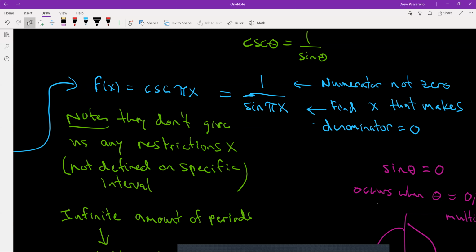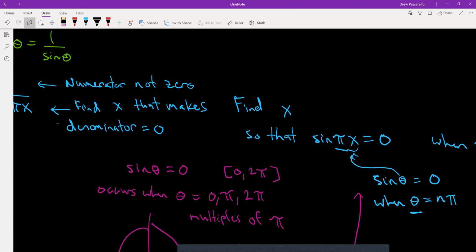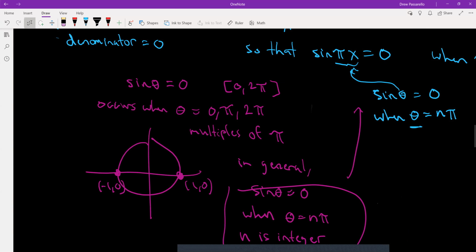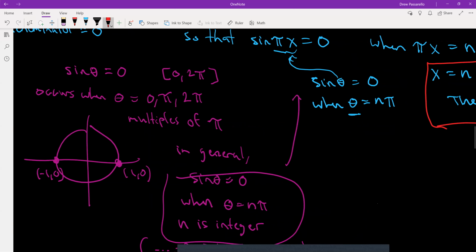I need to find the x values that make sine of pi x equal to 0. I treated pi x as theta for a second, and I thought about when sine of theta equals 0 on the unit circle. That occurs at 0, pi, and 2 pi, which are multiples of pi. Then I made it more broad and put it in general terms: sine of theta equals 0 when theta is n times pi.